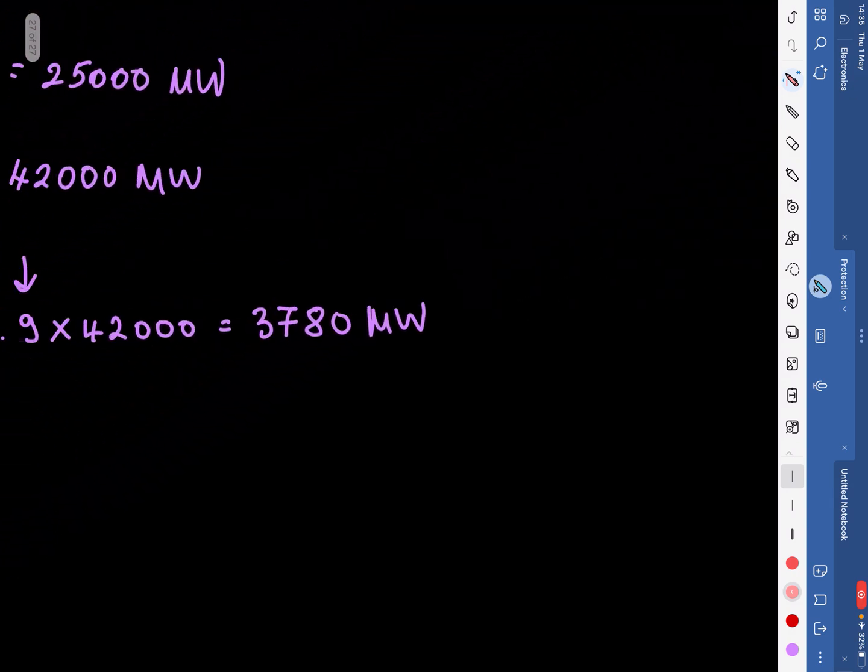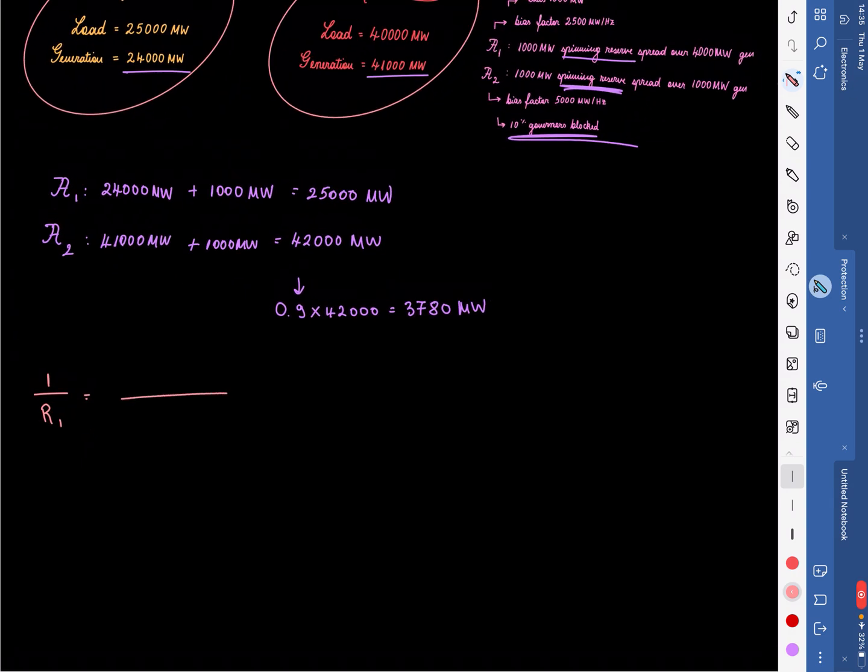A 6% change in frequency, so 0.06, the frequency is 50 Hz, leads to 100% change in output of the generators, which is 25k. So that's going to be 8,333 megawatts per Hertz.